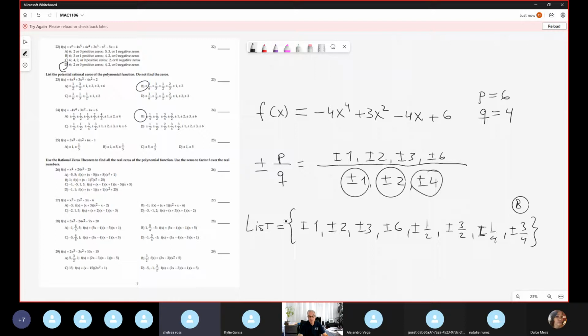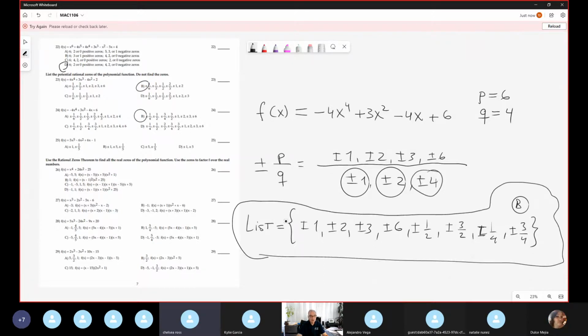Fortunately, in ALEKS, yes, it's multiple choice. But in the test on paper, there is no choice, so you leave it like that. This is my final answer, and that's it. Because the thing is prediction. So I try to find the potential zeros. Trying them one by one using synthetic division is exhausting, time-consuming work.